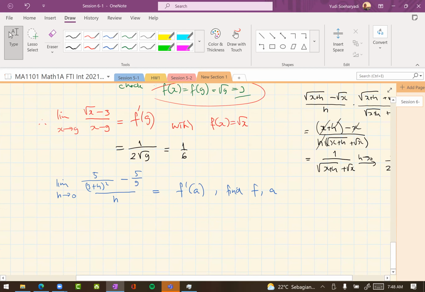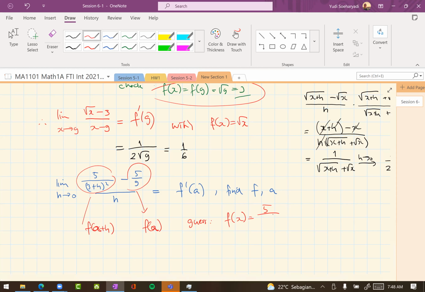Say this is a, and we easily guess that f should be 5 over x squared as a rule, and a is 3.